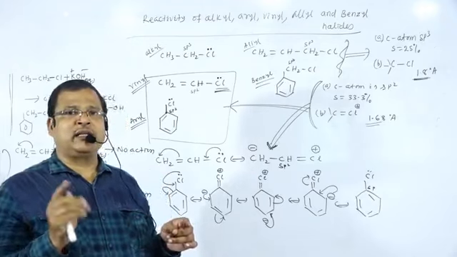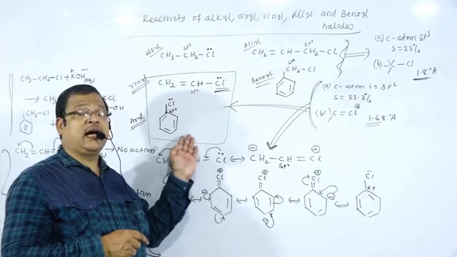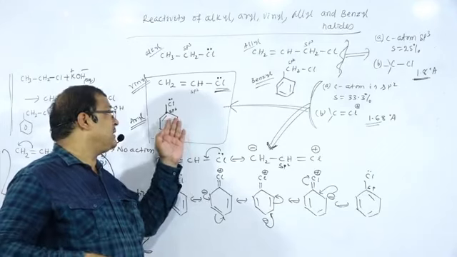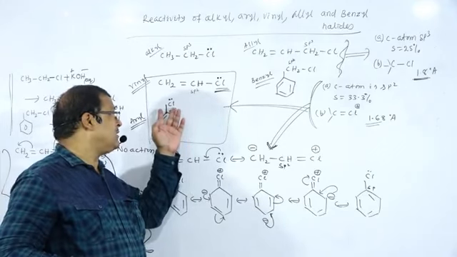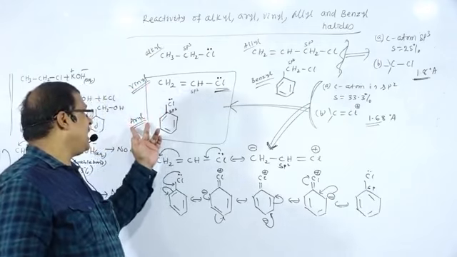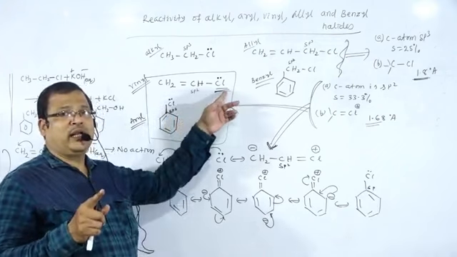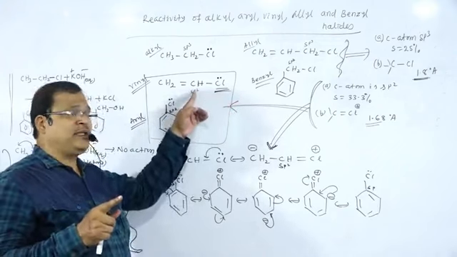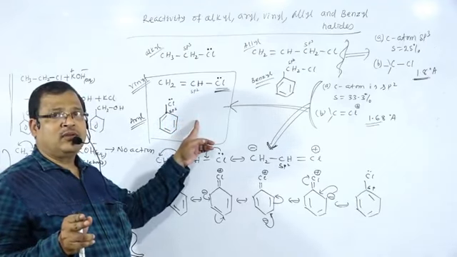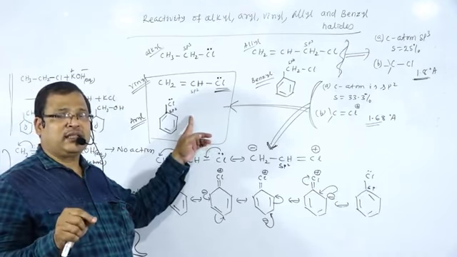That is the reaction that takes place in case of alkyl, allyl and benzyl halides. But in the case of aryl halide or vinyl halide, such as chlorobenzene, the chlorine atom is attached to an sp2 hybridized carbon atom with higher s character, so the bond strength becomes more because the bond length is 1.68.